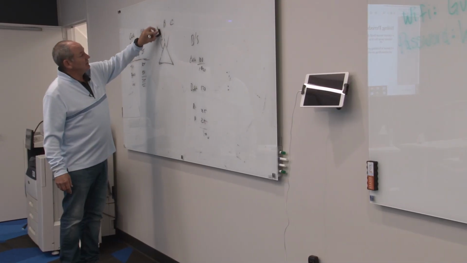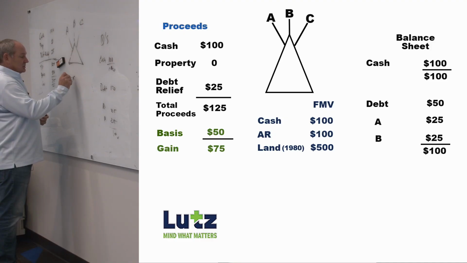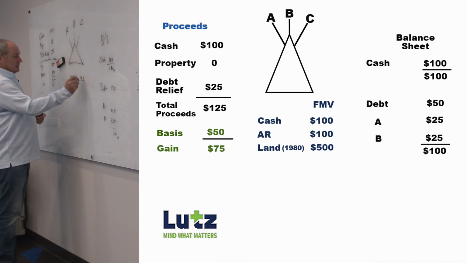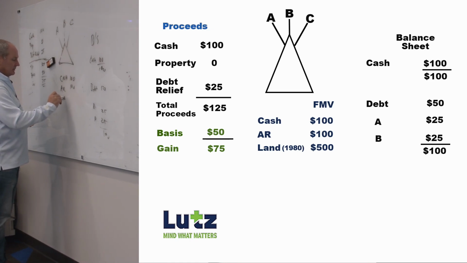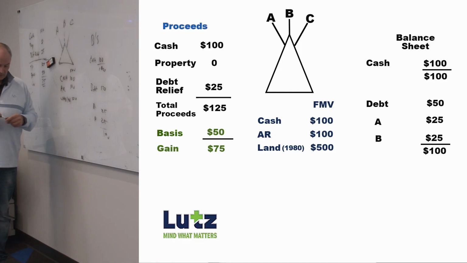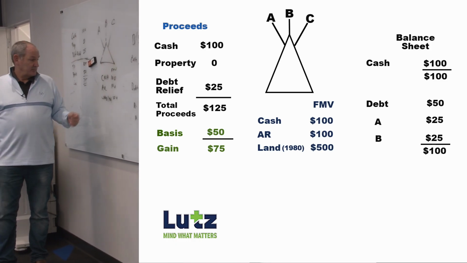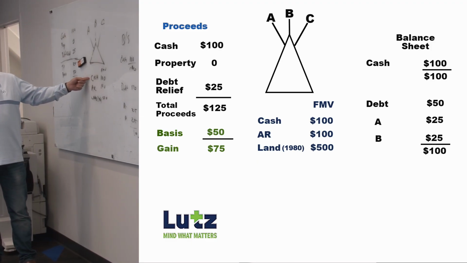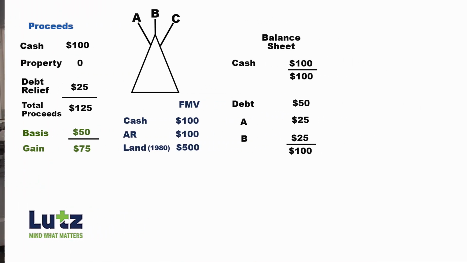Then, the other thing that this is saying is that if A contributed cash of 100, AR of 100, land from 1980 of 500, this is all fair market value, and it's worth $1 a unit, I think this says you have short-term units for the cash of 100, short-term units for the AR of 100, and long-term units of 500, because that's what the land is worth.